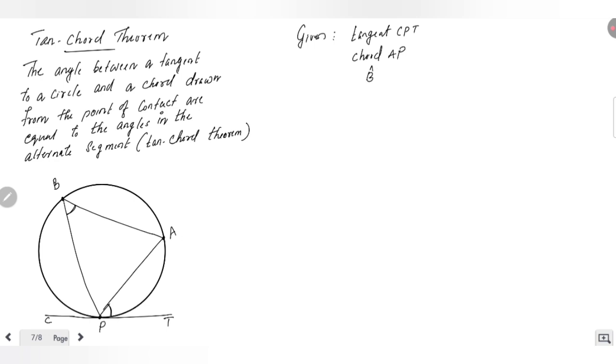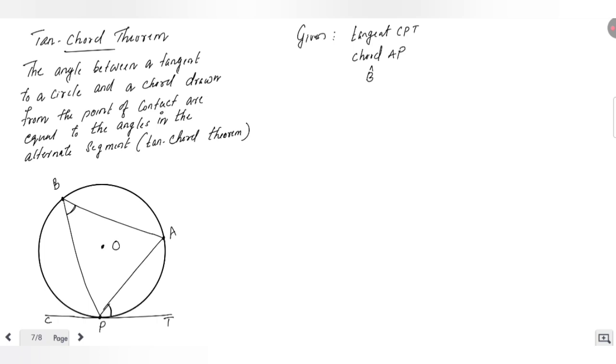A circle with the center O, let me put the center somewhere here, approximately center O. So these are the things given. The tangent is there, then the chord AP, then the angle B. The angle B is made by that chord AP. I think you understood.